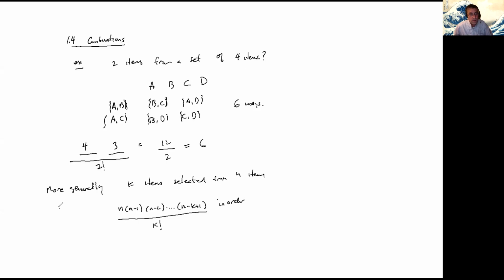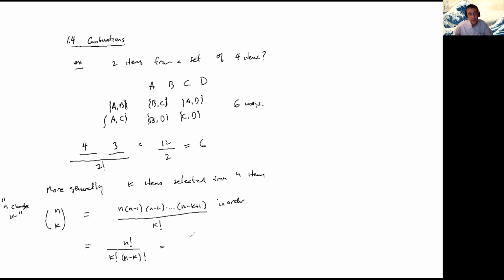So this is called n choose k, and the symbol is given by this. This is what you actually call it, n choose k. That's how you say it. So you're choosing k things from n things. And there's an easier way to remember the right-hand side by rewriting it. This is n factorial over k factorial times n minus k factorial.